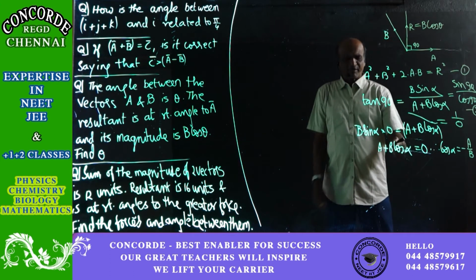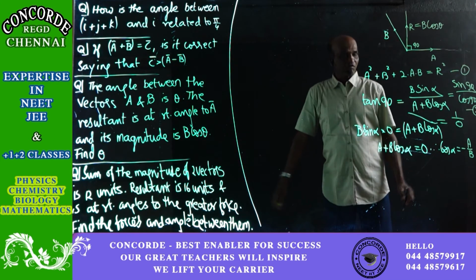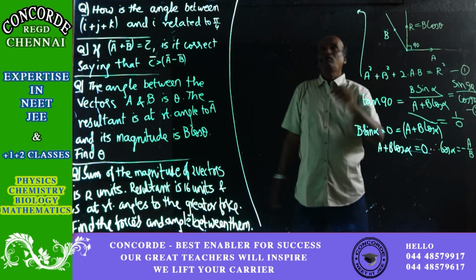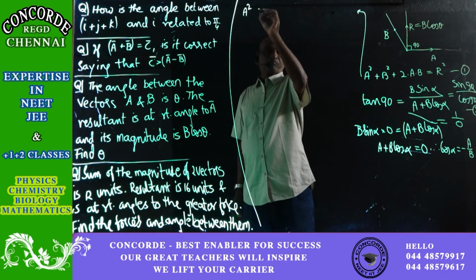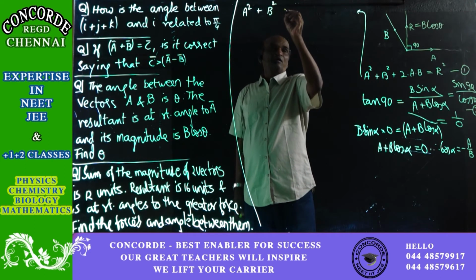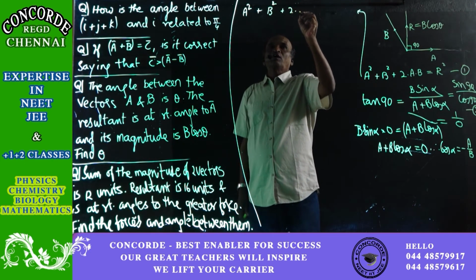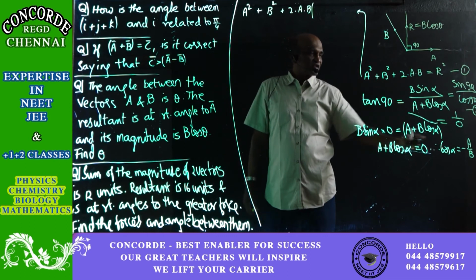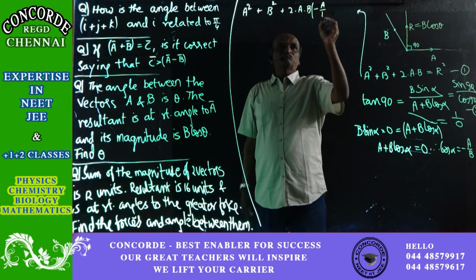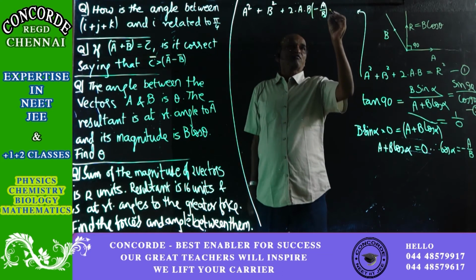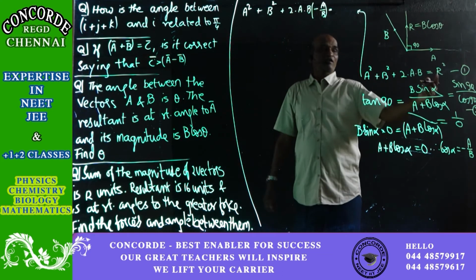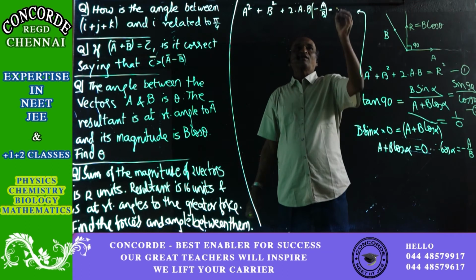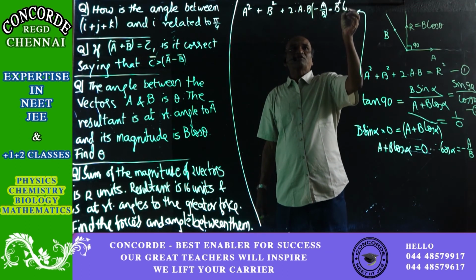Putting the value of A plus B cos alpha is 0, or cos alpha is equal to minus A by B, what we get is A square plus B square plus 2 into A into B into cos alpha, with cos alpha equal to minus A by B. And on the other side, we have got R square, and as R is given equal to B cos theta, so R square will be equal to B square cos square theta.